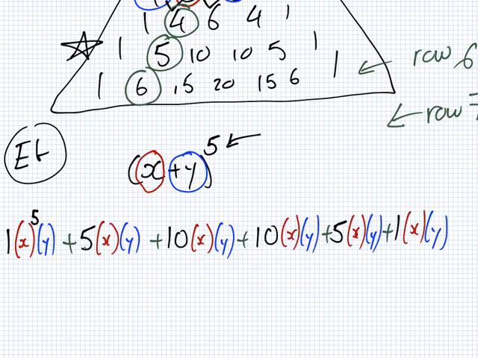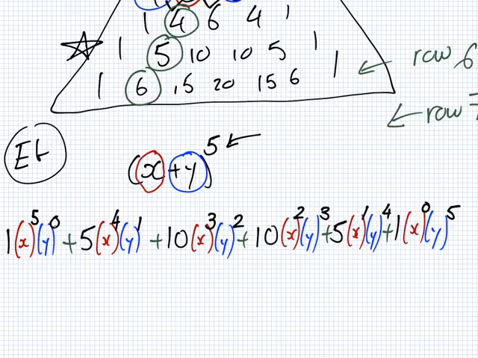And then what you do is you decrease the powers. So x power 5, x power 4, x power 3, power 2, power 1, and power 0. Then you go backwards. So on the y, you start at 0, 1, 2, 3, 4, and 5.